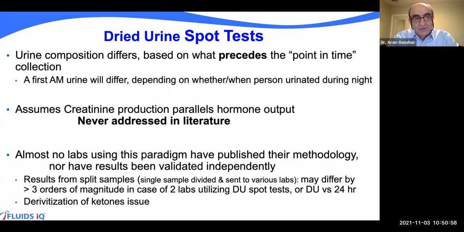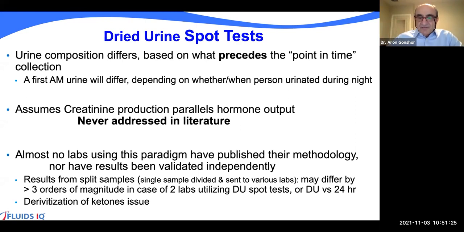But it goes much further than that, because urine composition is going to differ based on what was preceding that point in time when you collected it. So if you collect a dried urine specimen at 7 or 8 o'clock in the morning, it's going to depend on what has happened during the night, because that urine needed to get into the bladder and then out into the urine.